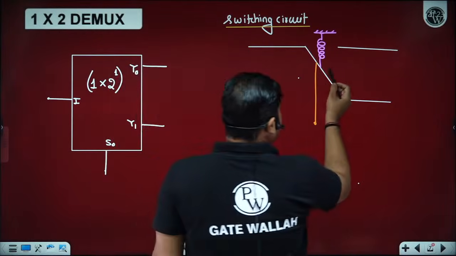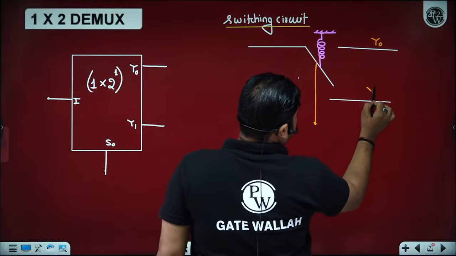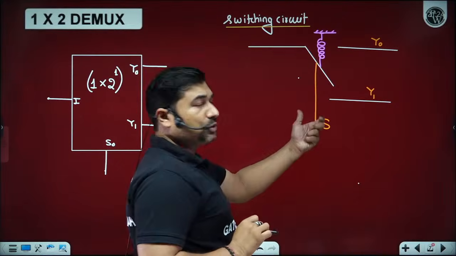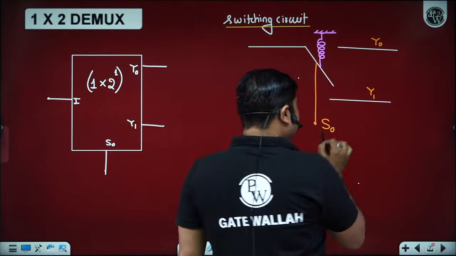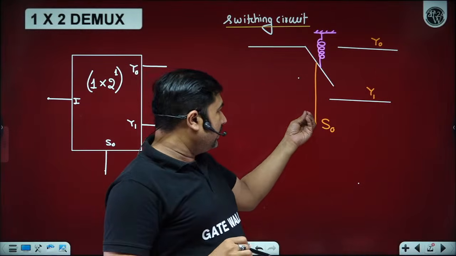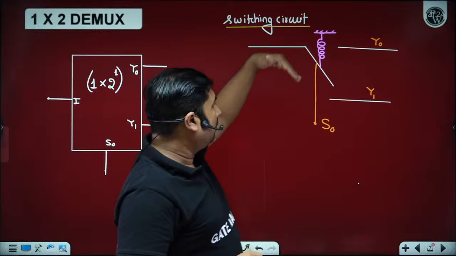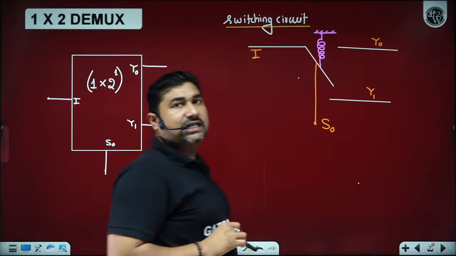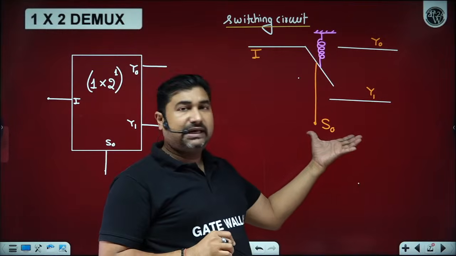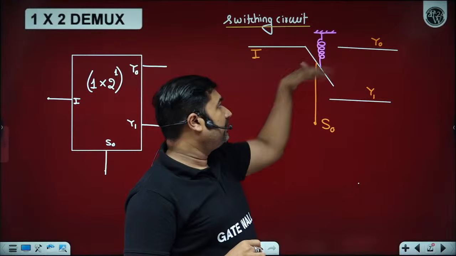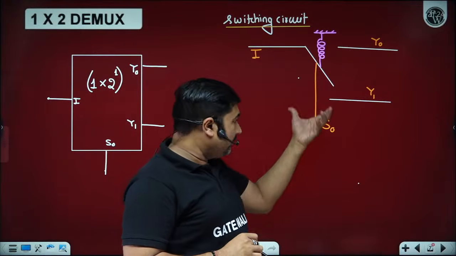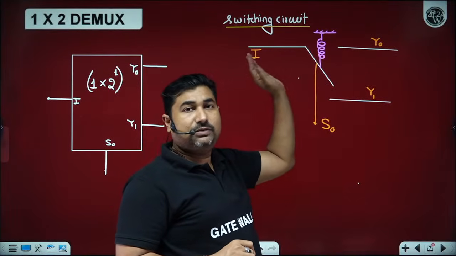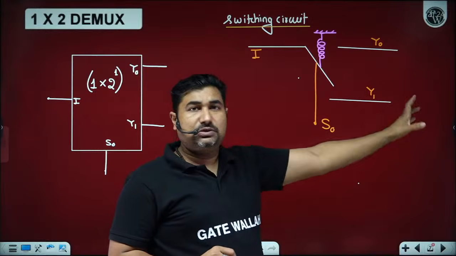You can understand we have a switch here, y0, y1 as an output pin, and this is a switch. This switch can be controlled through a string. Whenever I am saying that the input S0 is equal to 0, it means I am not applying any force on this. Automatically it will be connected with y0. Whatever input is given, that is transferred to y0. If I am not applying anything, S0 is equal to 0, the information is transferred to y0. Or if I am applying force on this string, then the switch is connected with y1. Whatever information is given to input I, that is going to transfer to output y1.